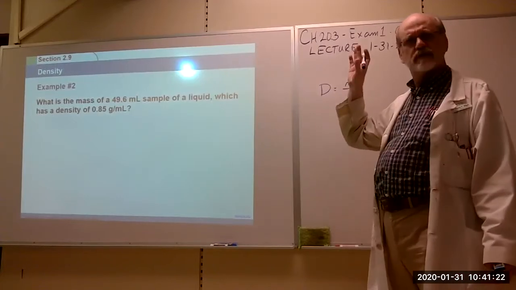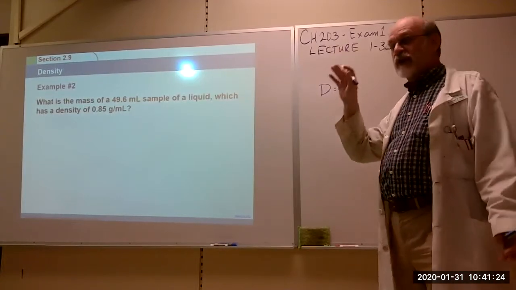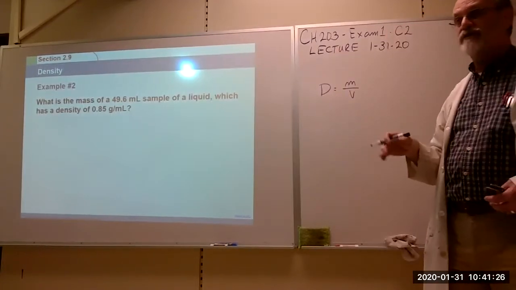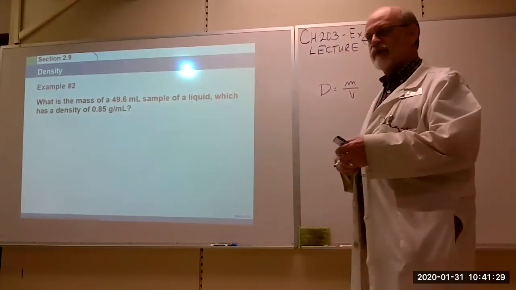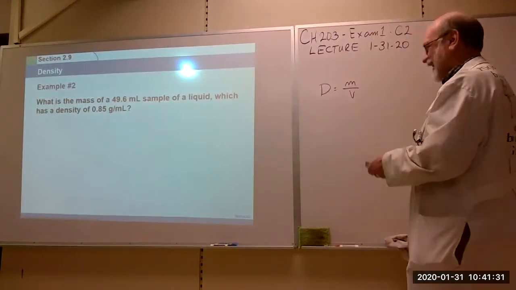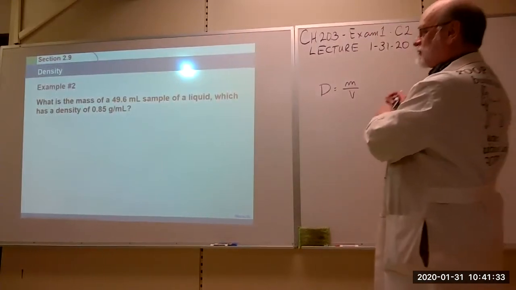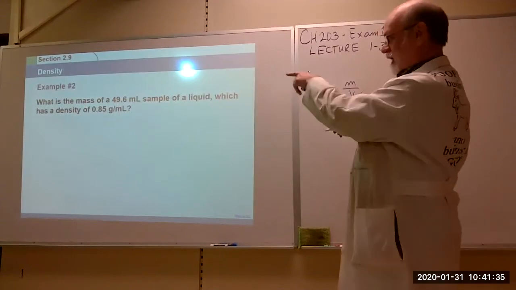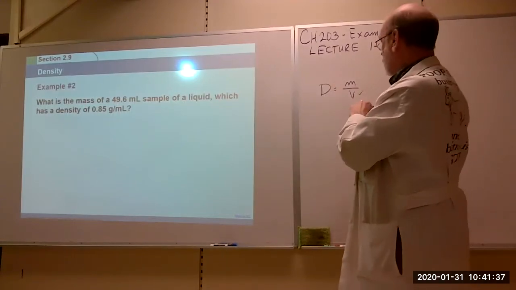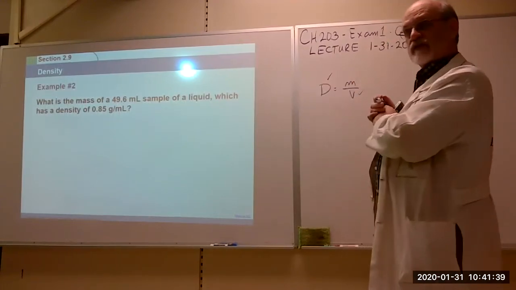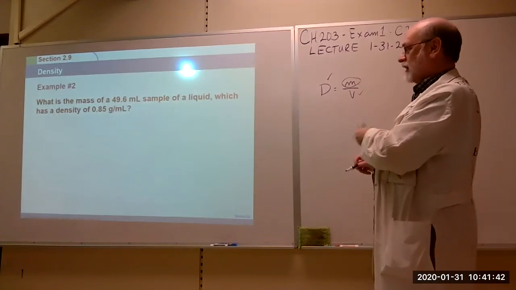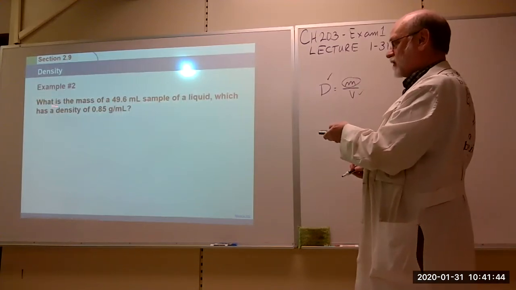Anybody had algebra? Yeah. Okay. So you know about solving simultaneous equations, or do you have nightmares about it? Nightmares about it. Okay. But in this case, we know the volume, 49.6 milliliters, and we know the density. So we got one unknown, mass. And the question is, what is the mass?